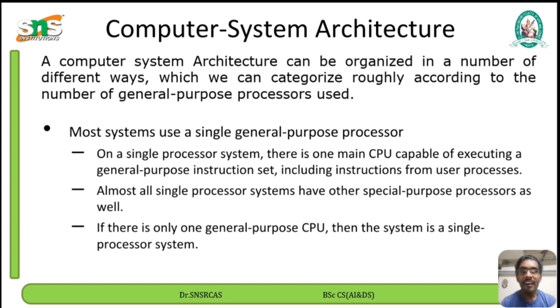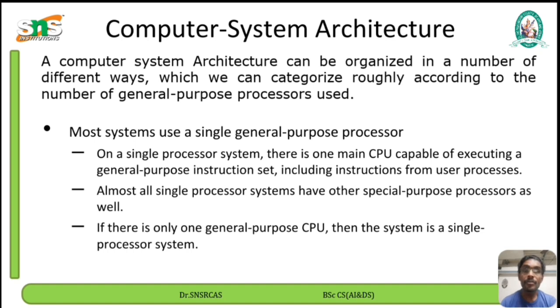Almost all systems have other special purpose processors as well. If there is only one general purpose central processing unit, then the system is a single processor system.